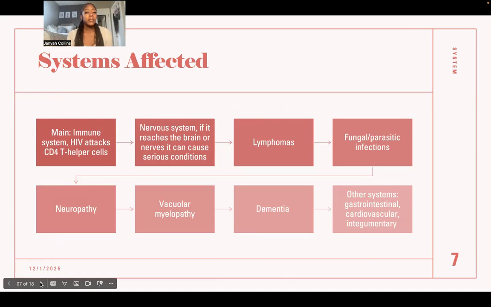Neuropathy is the most common. Neuropathy is a form of nerve damage that can cause pain, numbness, tingling, or muscle weakness. Other systems that can be affected are our gastrointestinal, our cardiovascular, or our integumentary system. I'm so sorry if I'm pronouncing that wrong. I know that is our system dealing with our skin.